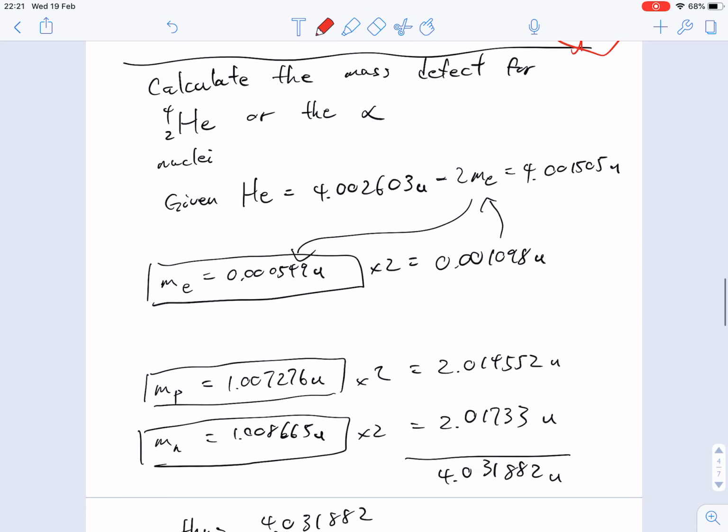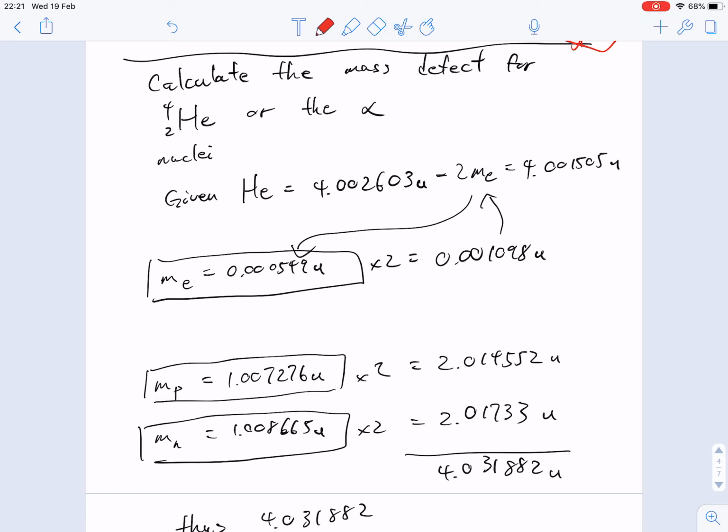So let's do a quick little calculation here. We're going to calculate the mass defect for a helium nucleus, or an alpha particle. We're given that a regular helium atom has this mass, so we need to subtract 2 electrons from that.